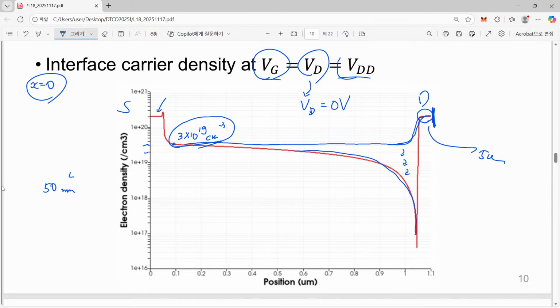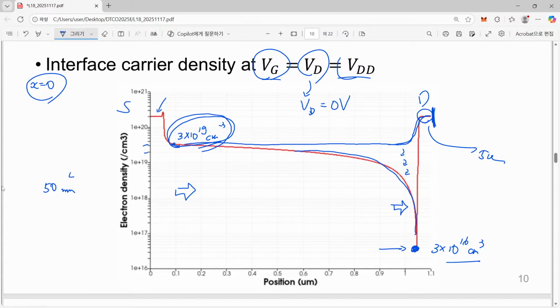However, we have to have current continuity. It means that the current calculated at this point and the current at this point should be the same. How can we have that happen? For example, here we have 3 times 10 to the 19 per cubic centimeter, and at its minimum level here, we have more or less 3 times 10 to the 16 per cubic centimeter. We have 1,000 times fewer electrons occupying this position.